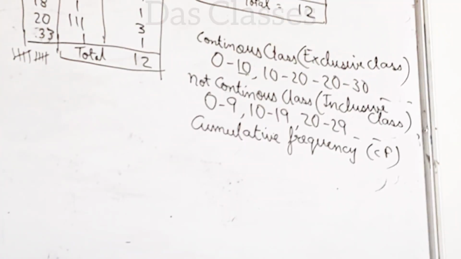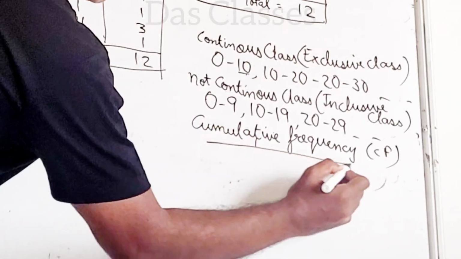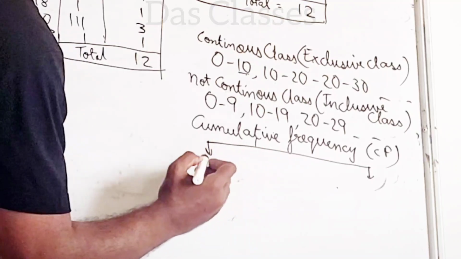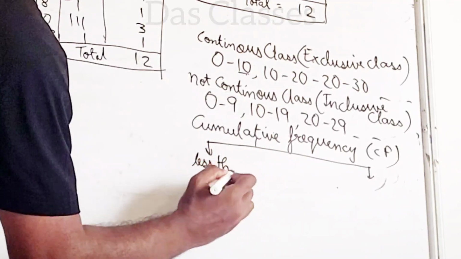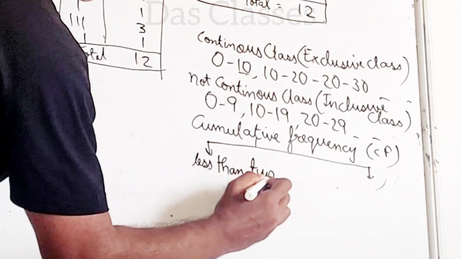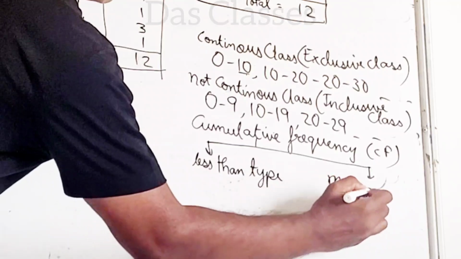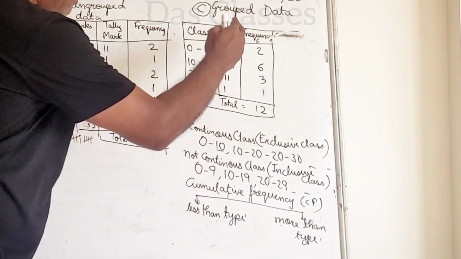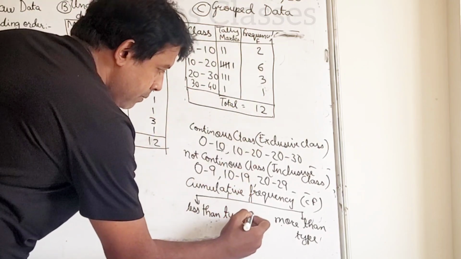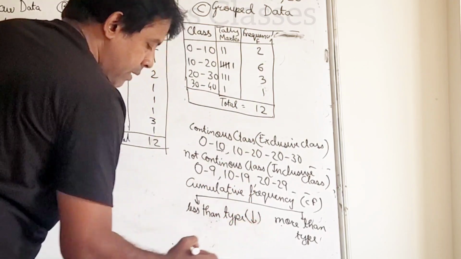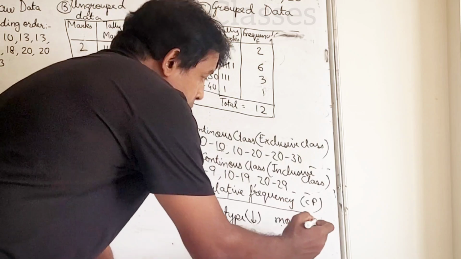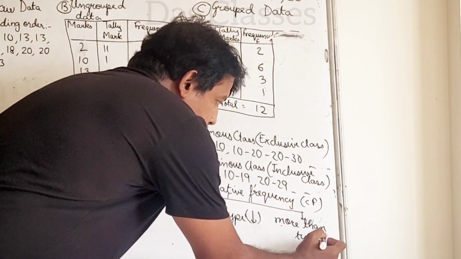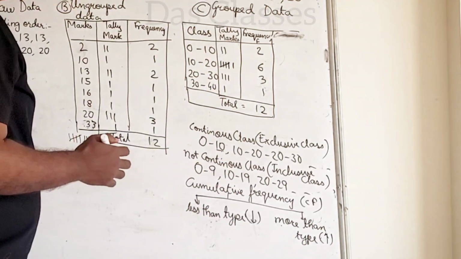That can be of two types: less than type and more than type. When I say less than type, we start adding from top towards bottom, and when I say more than type, we start adding from bottom towards top. So that is about the cumulative frequency.